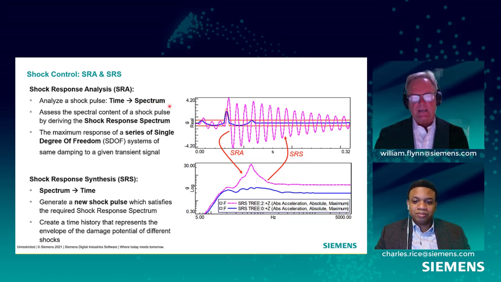The reverse of that is to take a spectrum, or that SRS, and generate a time pulse that can be applied with the shaker and controller. So those are inversions of each other, the SRA and SRS, and you can go back and forth.